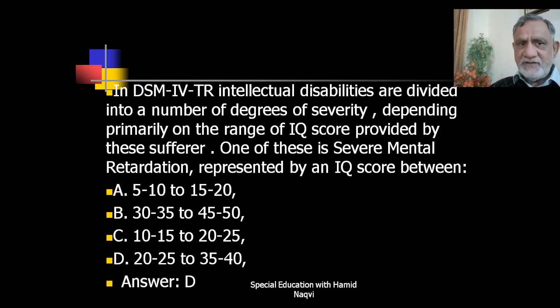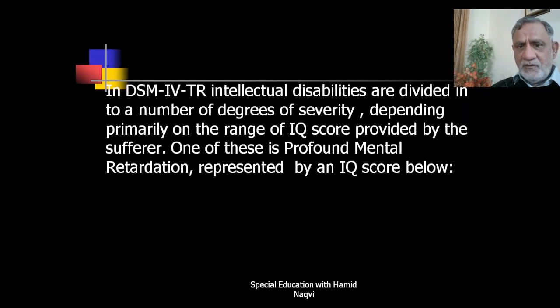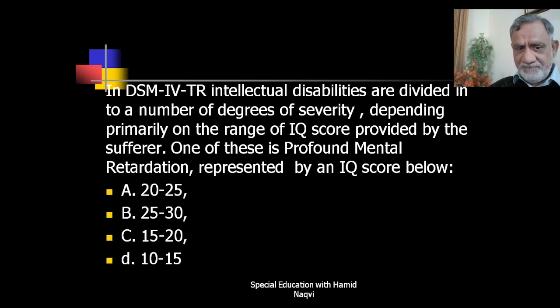That is the range given by Diagnostic Statistical Manual, Volume 4. Again, what is the range of profound mental retardation given by DSM-4? Which is the range? Correct answer is A, that is 20 to 25 and below.